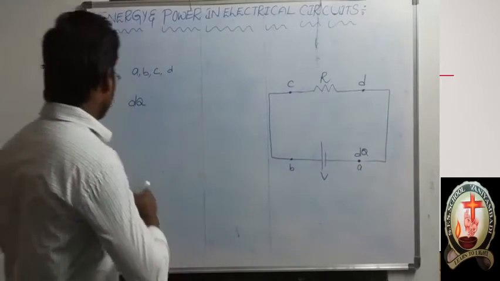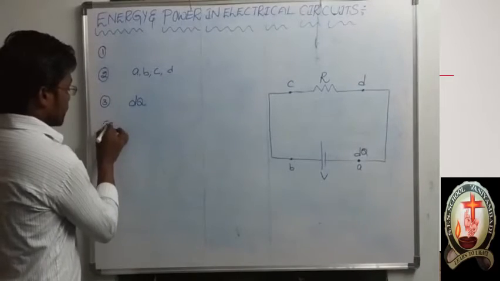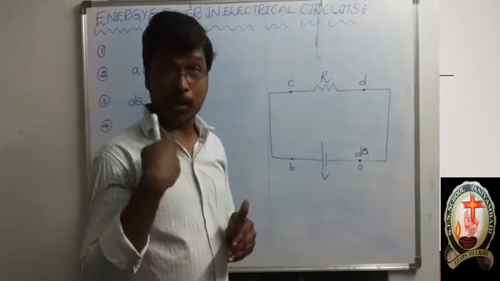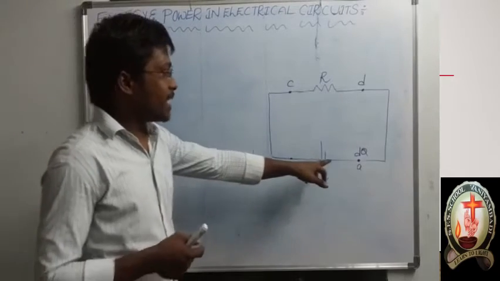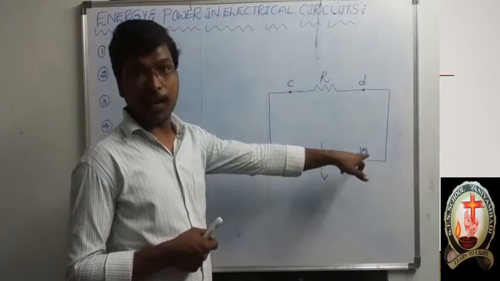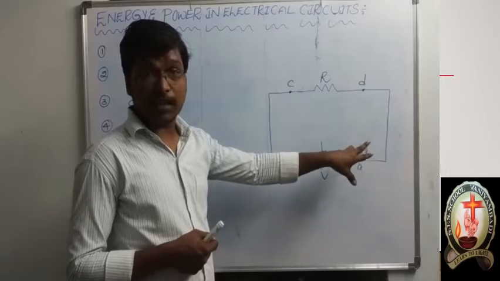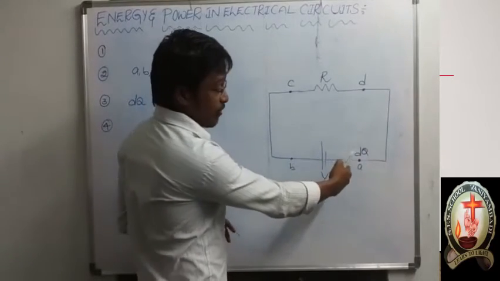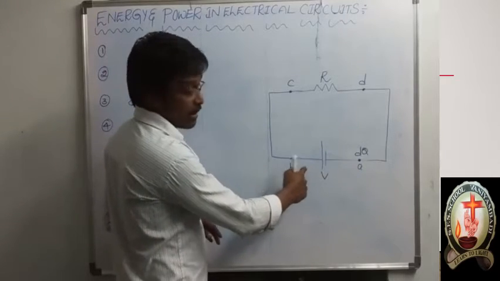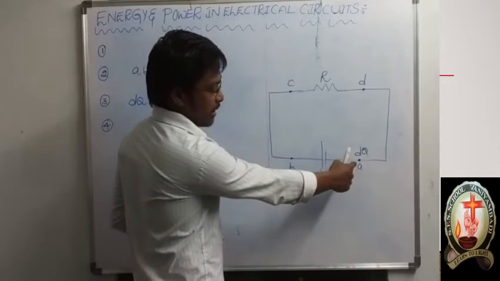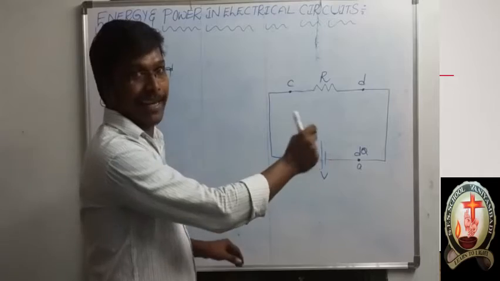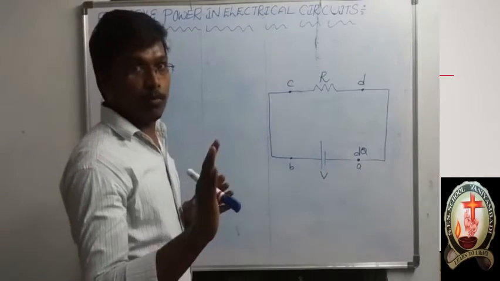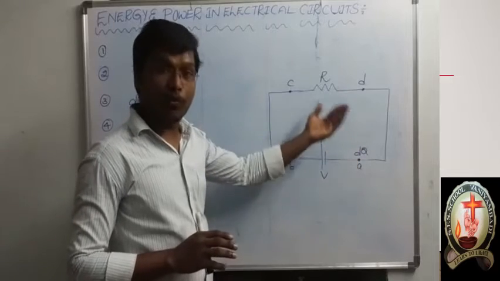Next one, fourth point: assume the charge dq is moving.